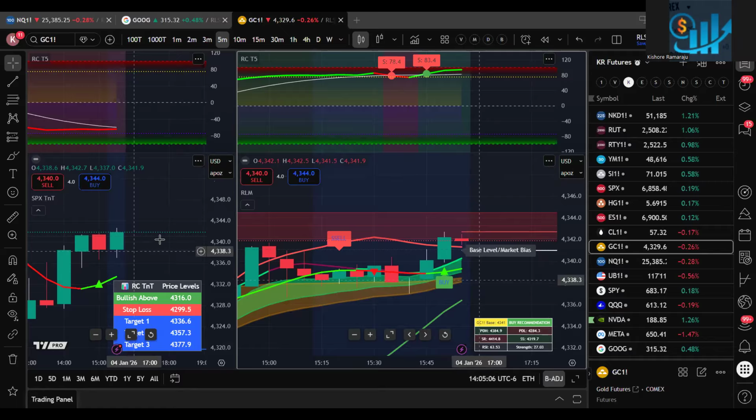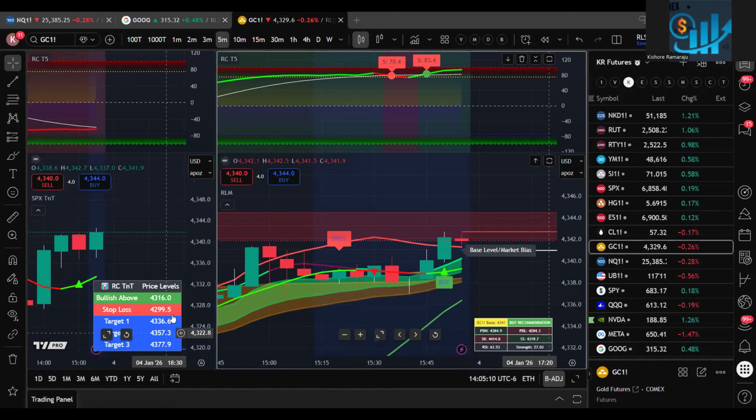Most of you are from an IT background, so you always plan before doing coding or anything. You have a project plan, you have your testing plan. In the same way, while trading, you look at 30 minutes and plan: is it bullish or bearish? Okay, it is bullish above 43.16. Price is 43.40, so let me only take the buy opportunities in the smaller time frame.